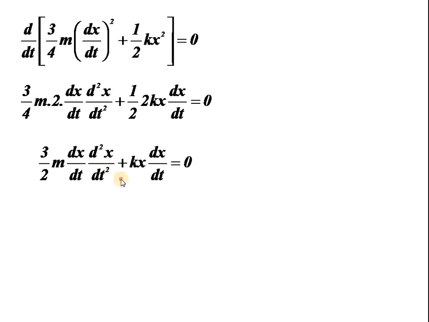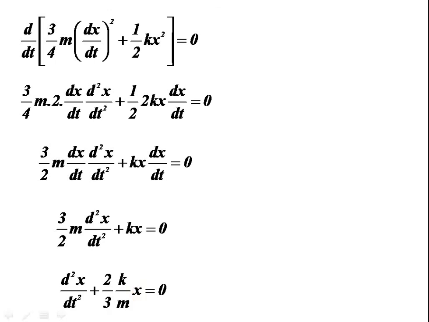So we get it like this, and just rearrange. Now we have 3 by 2m d square x by dt square plus kx is equal to 0. This can be written in the standard form d square x by dt square plus 2 by 3 k by m x, and we have the standard differential equation given by this form.